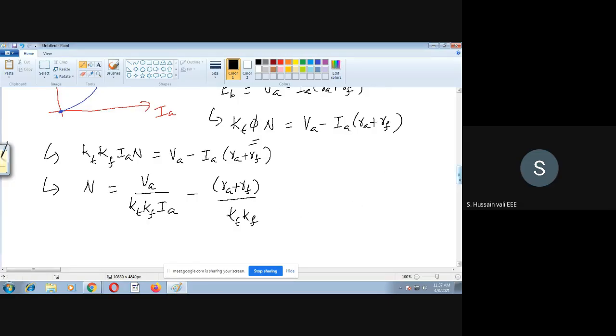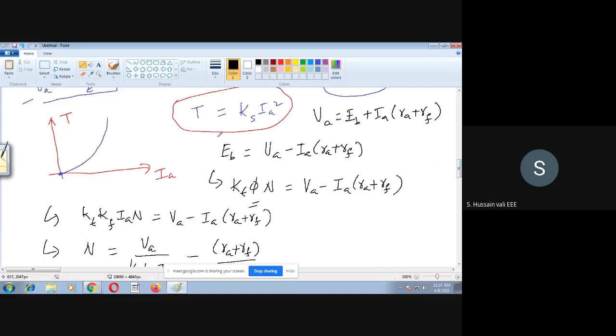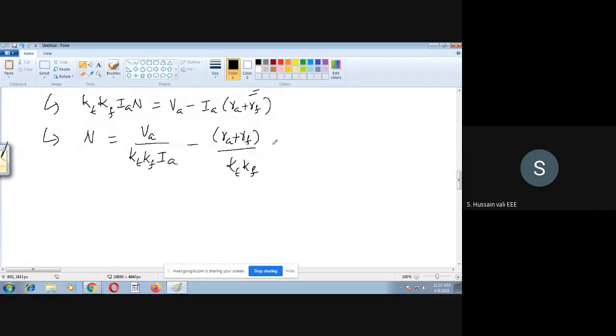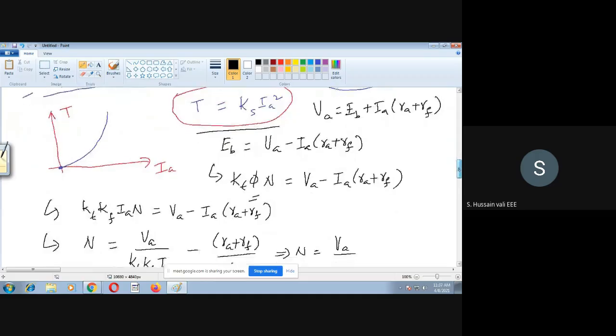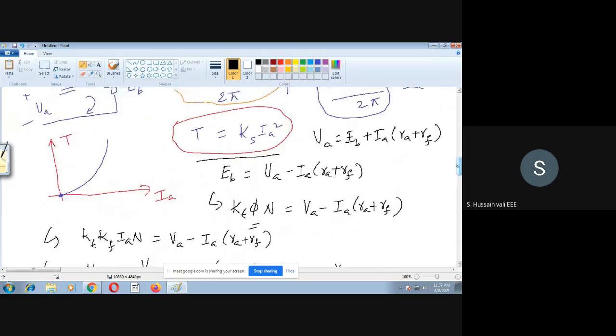And then we got one important equation in case of the torque. What is that? T is equal to Ks into Ia square. So we substitute that here. Then N is equal to Va by, okay. So what you will get here is that Ia is equal to square root of T by Ks.